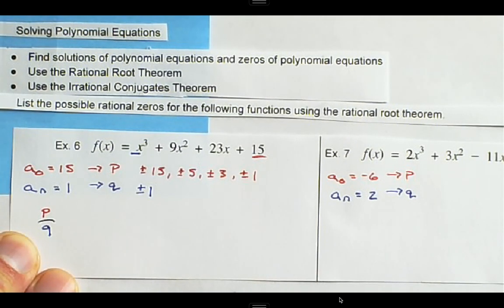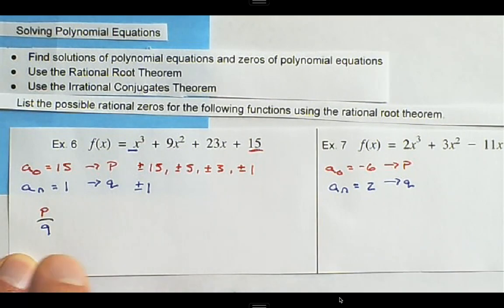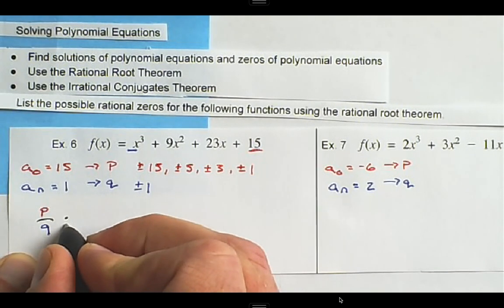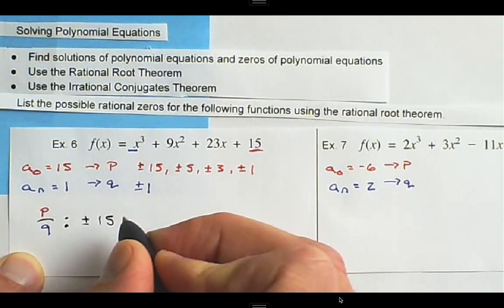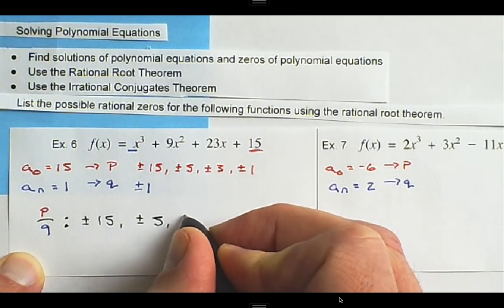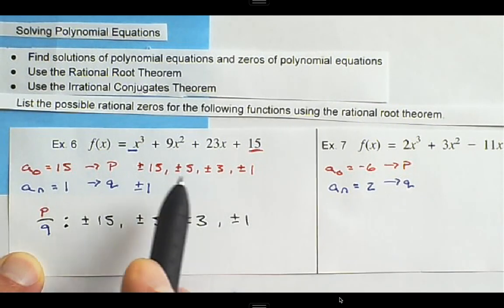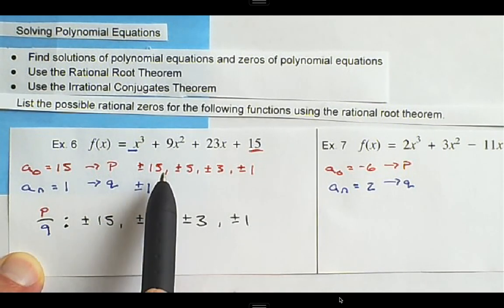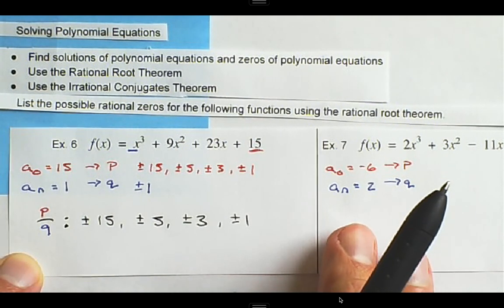So when we take p divided by q, all the possible zeros that this could be are plus or minus 15, plus or minus 5, plus or minus 3, and plus or minus 1. Those are basically just our p-values because there's only one possible factor for our q.